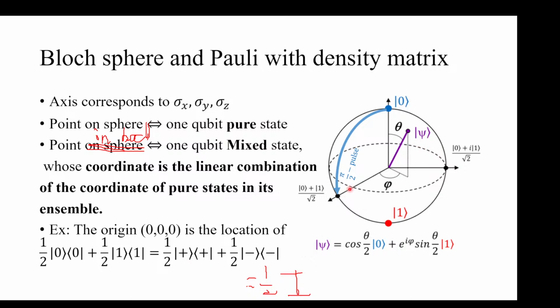When you average the coordinates of these two points together, you also get the origin.